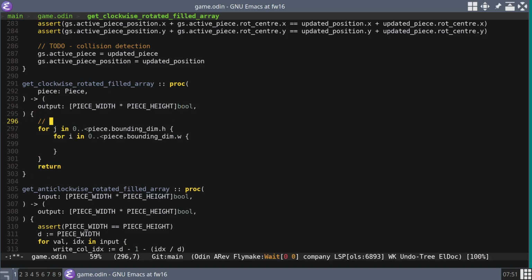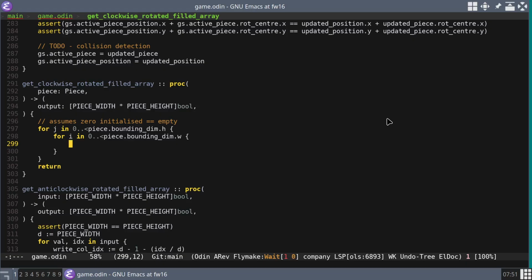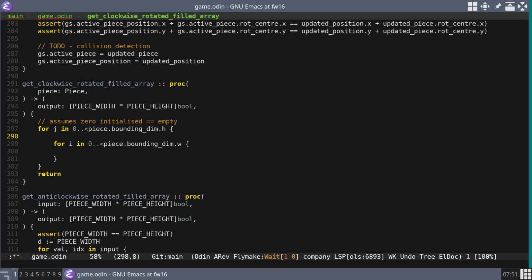So this assumes 0 initialized equals empty. That's not always going to be true. We have our j and I, and what we want to say is as we increment up I, we're filling columns. So say here out col index, right col index.